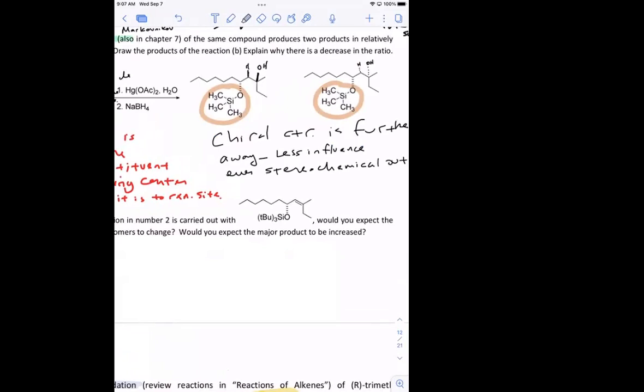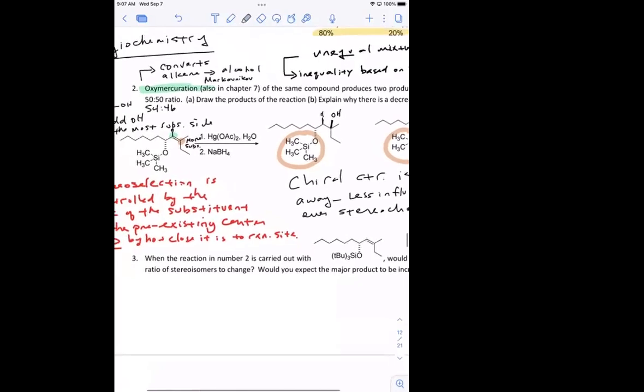So the group that I have circled there, I'm not sure what color you can see. It looks like an orange highlighter to me. If that group is bigger, will it change this ratio that we said was something like 54 to 46?